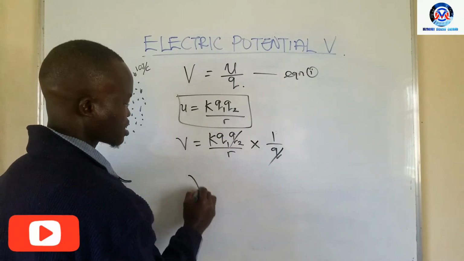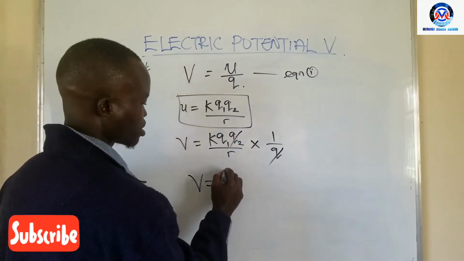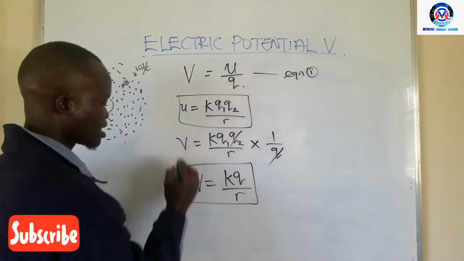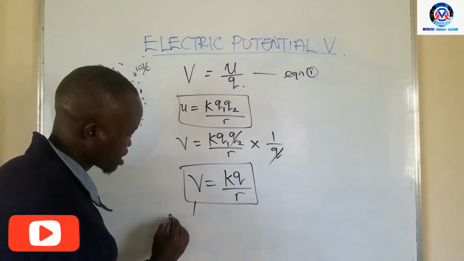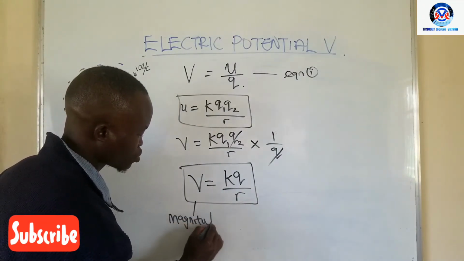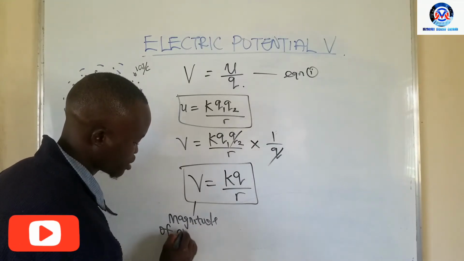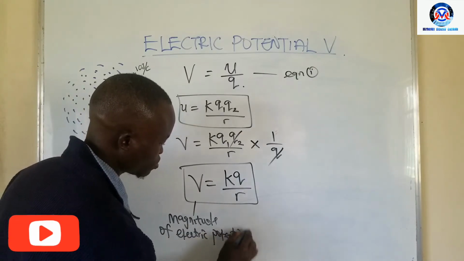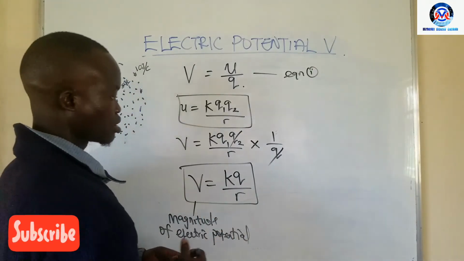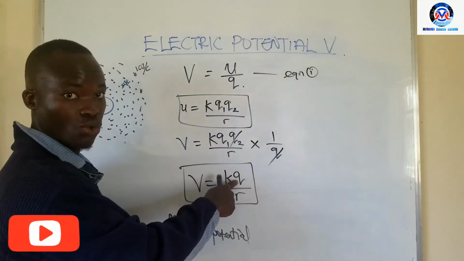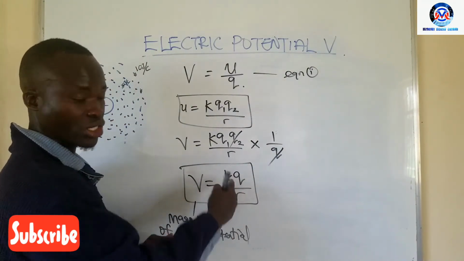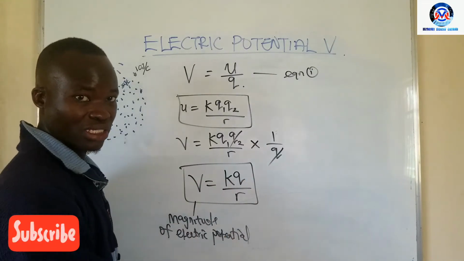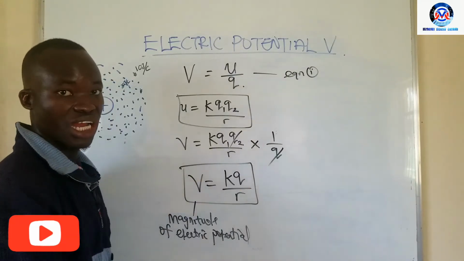So we finally have that the magnitude of electric potential now is KQ over R. And this is denoted as the magnitude of electric potential at a point due to the charge Q at a distance R from the charge. So this is the magnitude of electric potential at a point due to the charge Q.